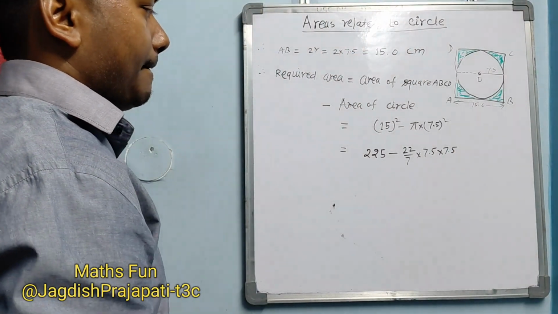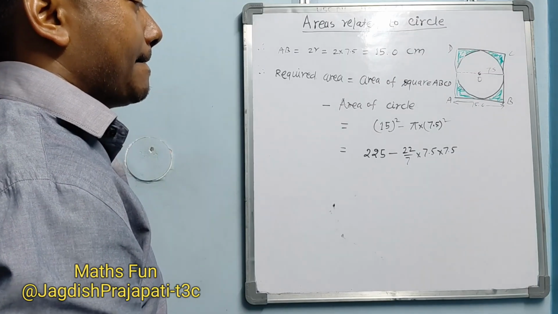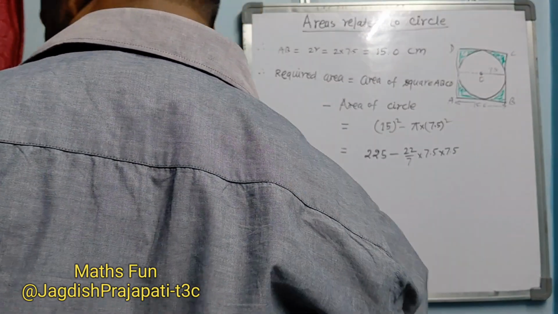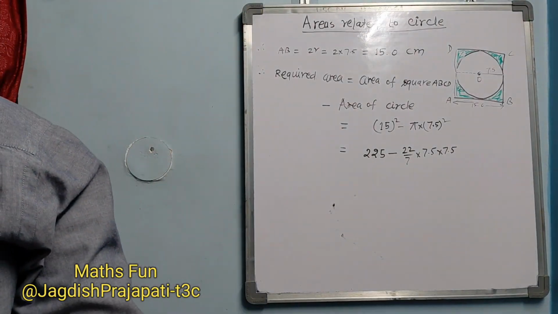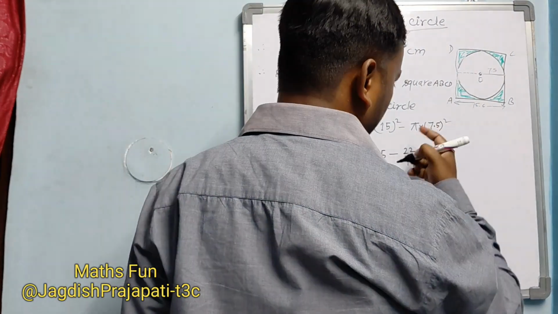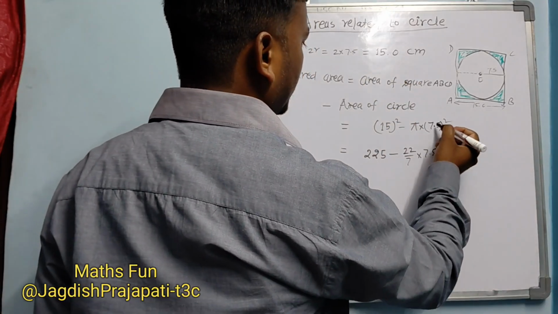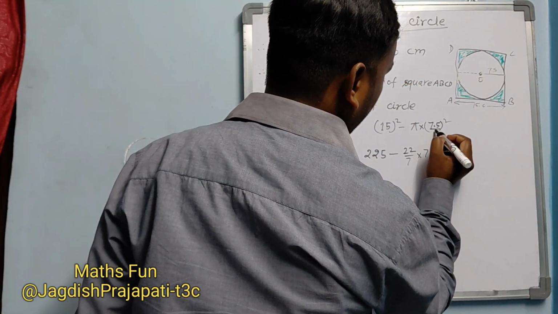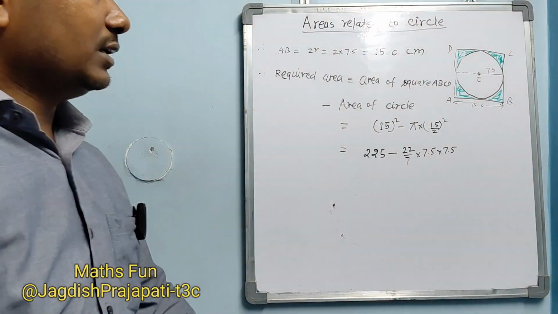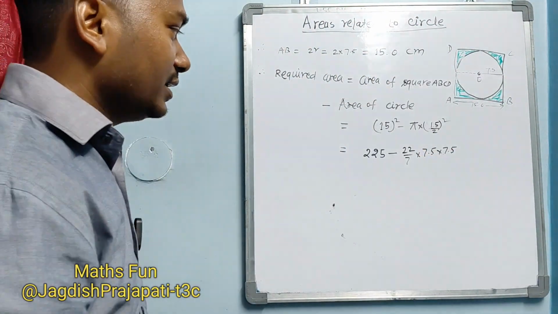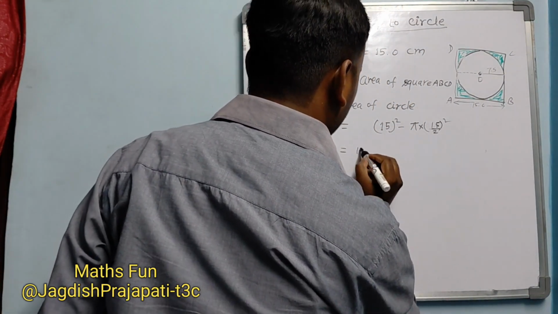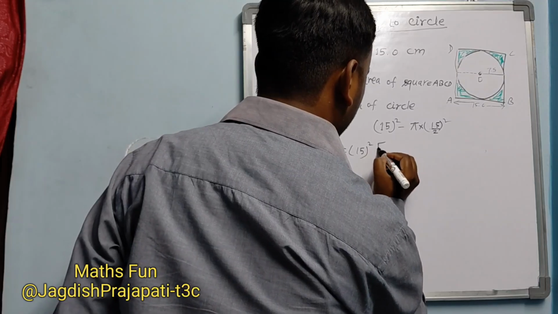Okay, or we can do one more thing. In order to make this calculation easy, instead of writing 7.5 here, we can write 15 by 2. Okay, so let's forget about this. So the square of 15 will be outside.